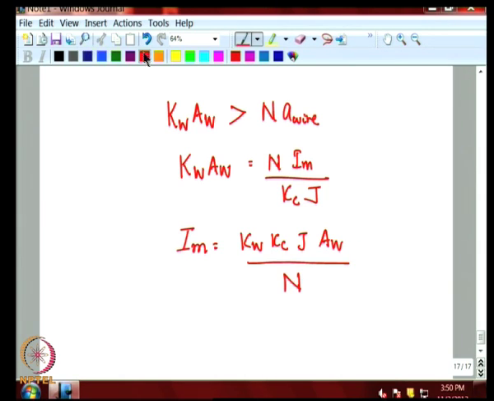So, here we see that we are relating it with the other area, the window area.